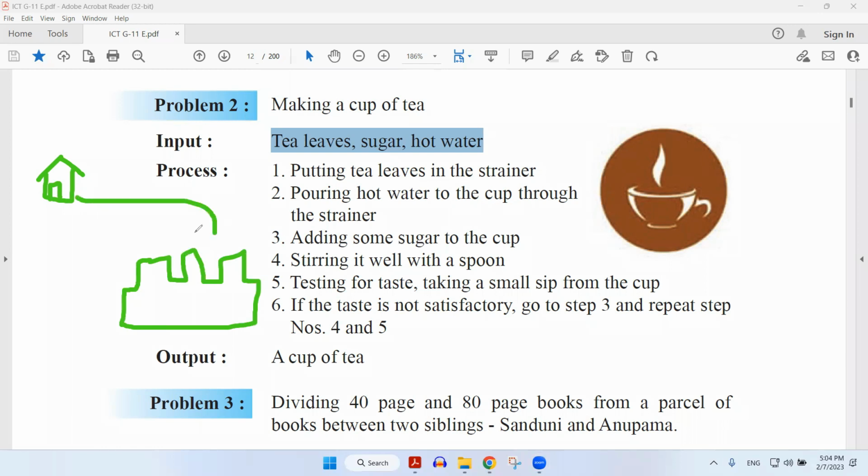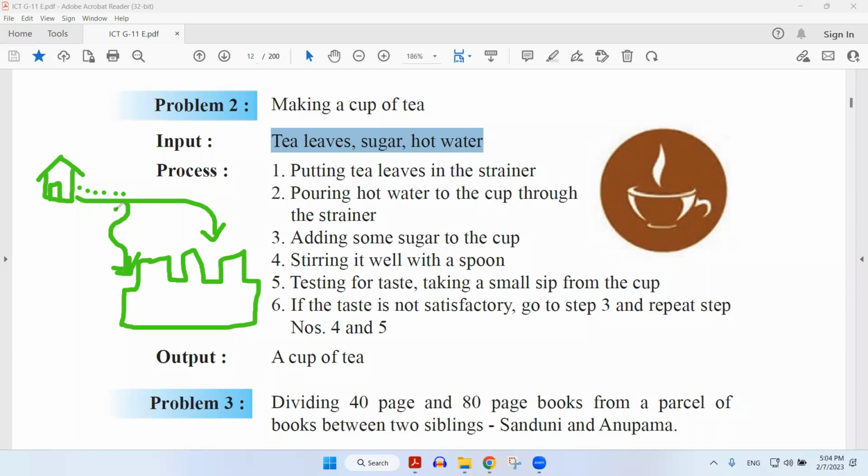From home to school, there are two different paths. You can come on this path or this path, right? So if a particular student is going to school, at this particular point, he has to decide which path he needs to take. This is not going to repeat again and again, right?